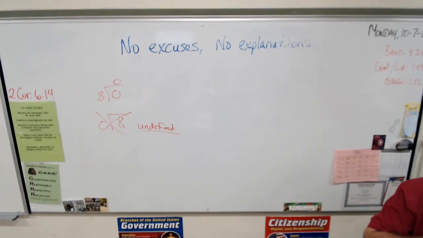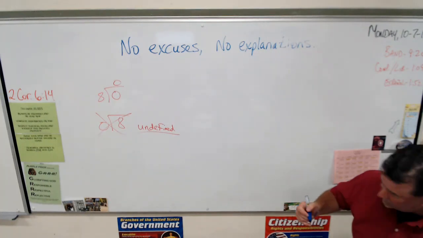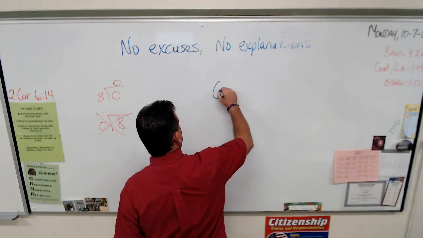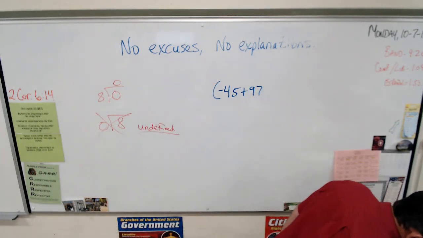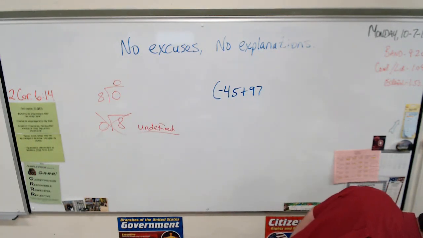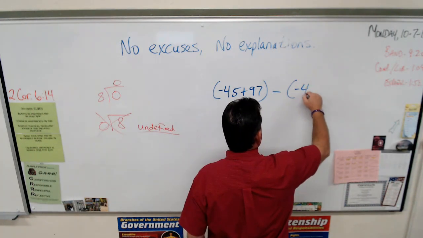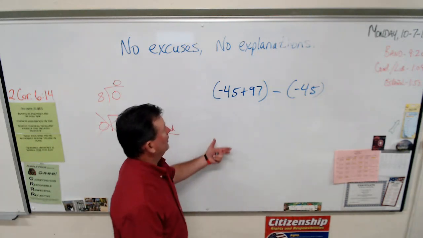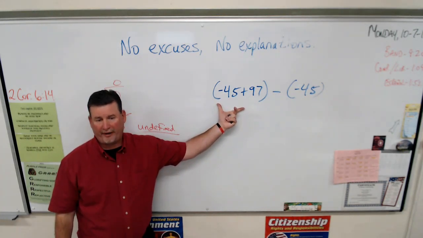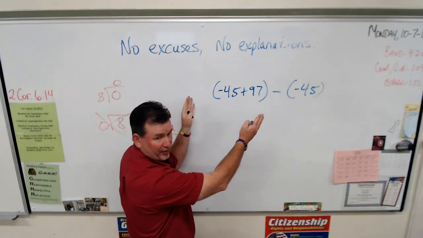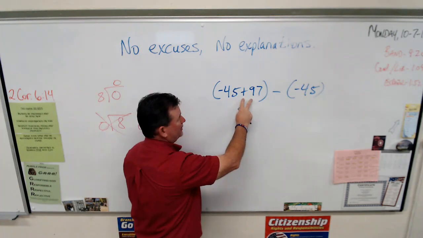All right, 37. Negative 45 plus 97, minus. I'm going inside these parentheses first, Brett. Since these are grouped together, they're associated with one another, I'm going to do negative 45 plus 97.